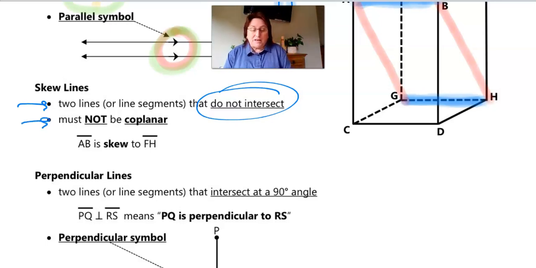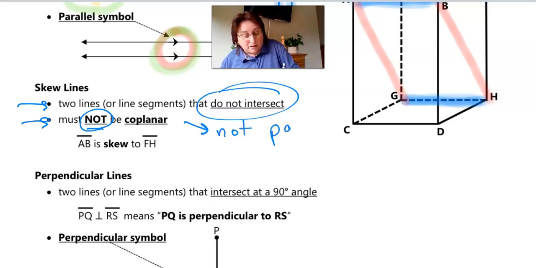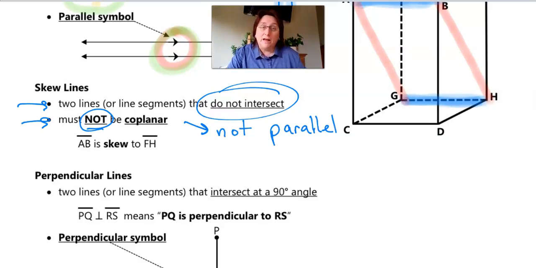Notice here, they must not be coplanar. If they're not coplanar, that means they're also not parallel. You should probably write this down: skew lines are not parallel. There's no notation for skew; we just write out the word skew.